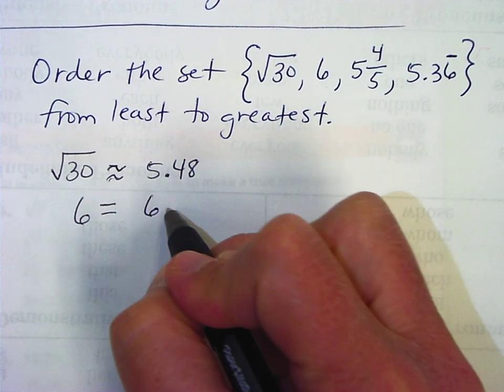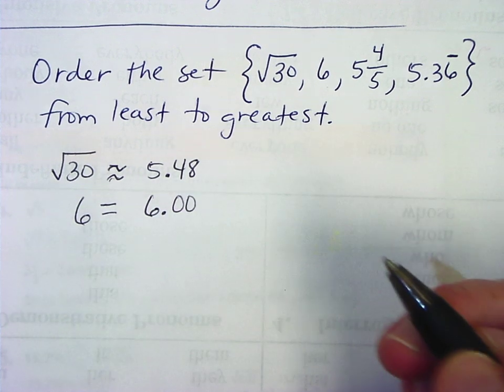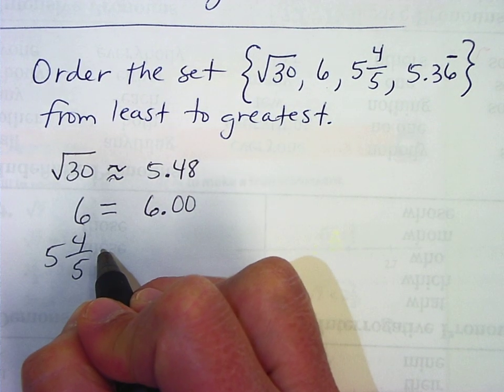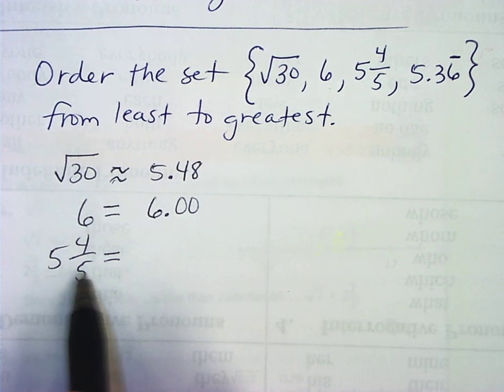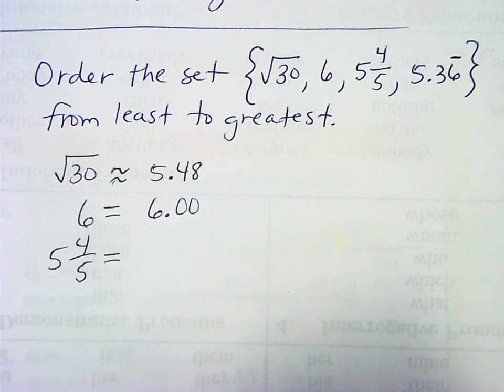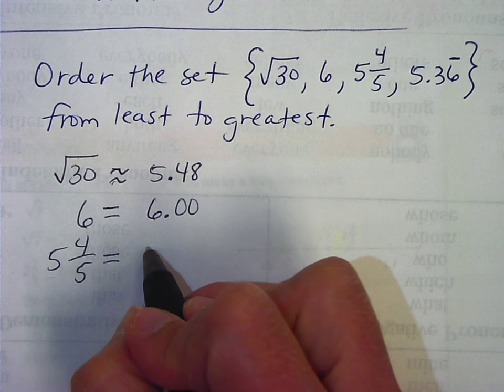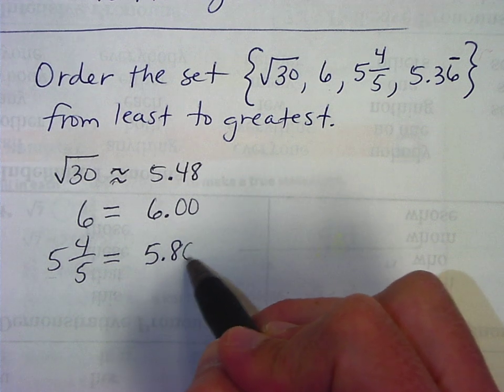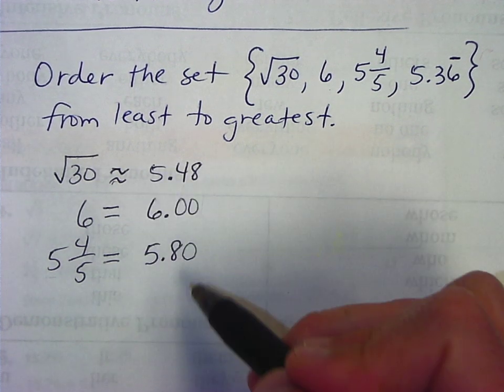And if we wrote that as an expanded decimal, we would have 6.00. And 5 4/5 equals 5 point something. So you can take your calculator and divide 4 by 5, or you can turn this into an improper fraction and divide. Otherwise, you will get 5.8. And again, there's nothing here, so we can just make a 0 because we can line up the place value.